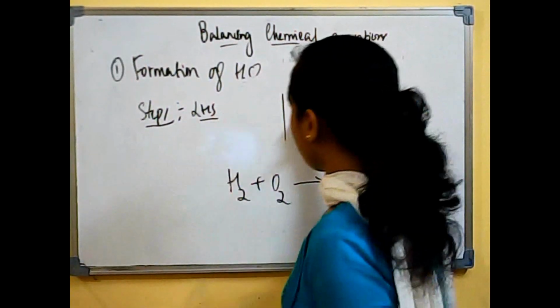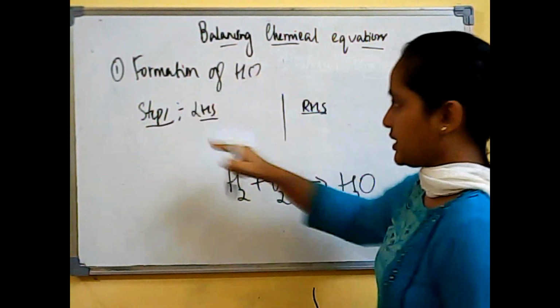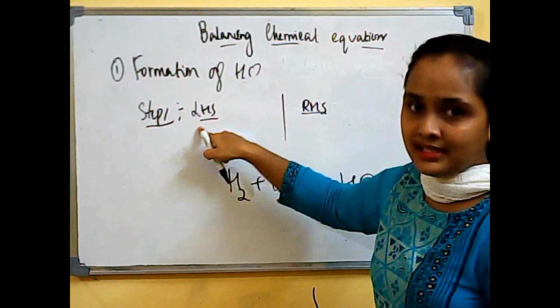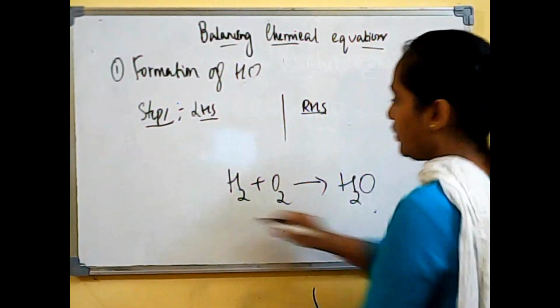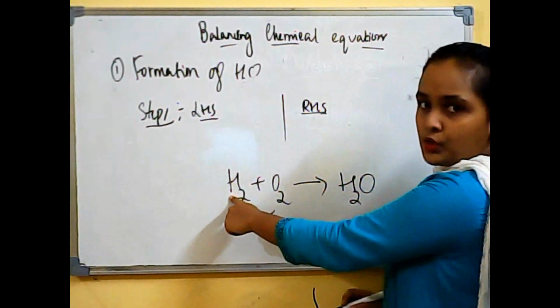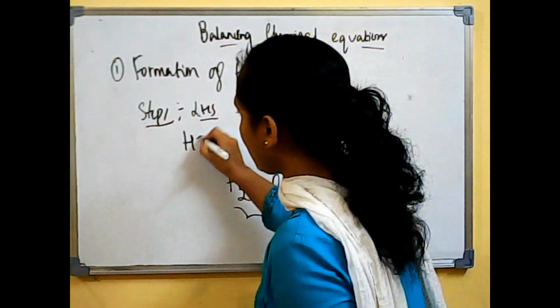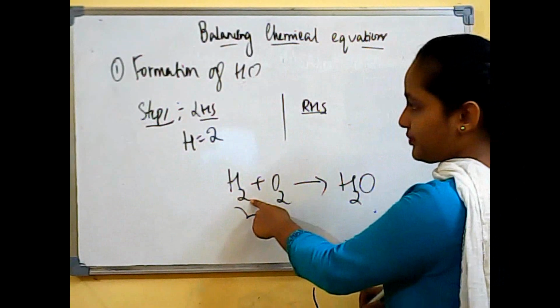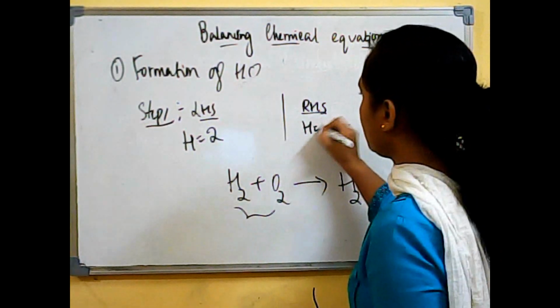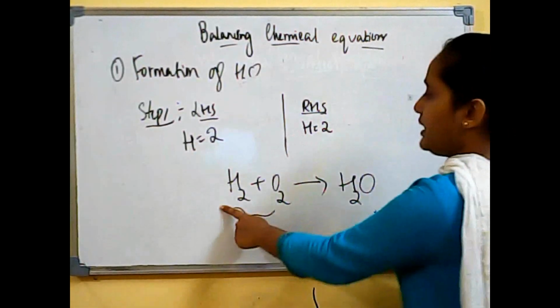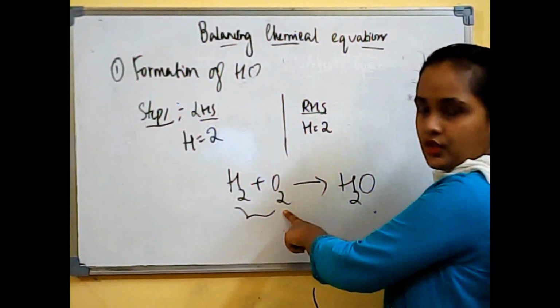Now what you have to do is, on the LHS, whichever elements are there, you have to list them. Now on the LHS, you have hydrogen. Hydrogen has 2 atoms. Now come to the RHS. Hydrogen again has 2 atoms. Next, moving on to oxygen.